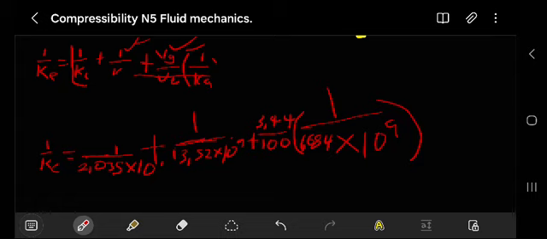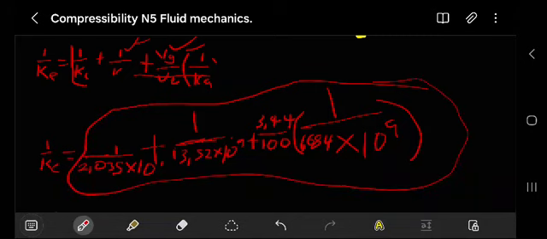When we punch this on the calculator, remember there is a 9 here.